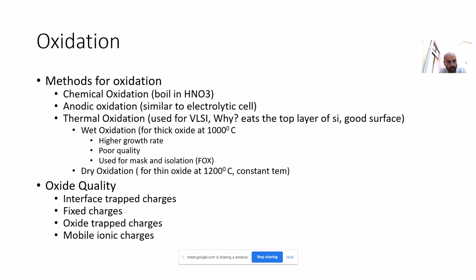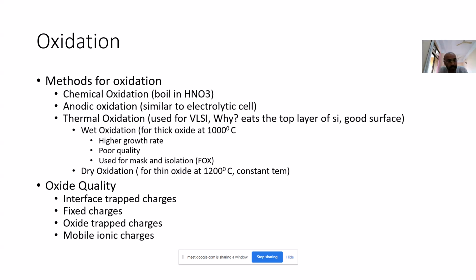This is done at a constant temperature, and it is just the opposite of wet oxidation. The growth rate of the oxide grown by the dry oxidation method is slow, poor, I should say. The oxide grows very slowly, so it takes time and the throughput reduces.